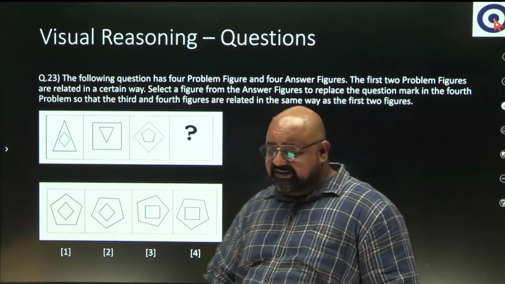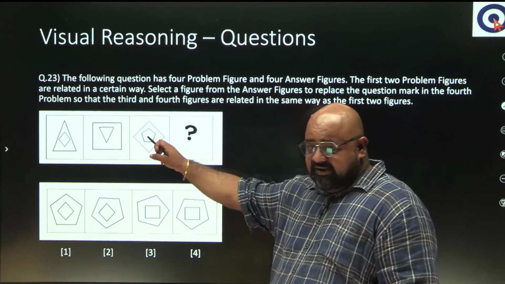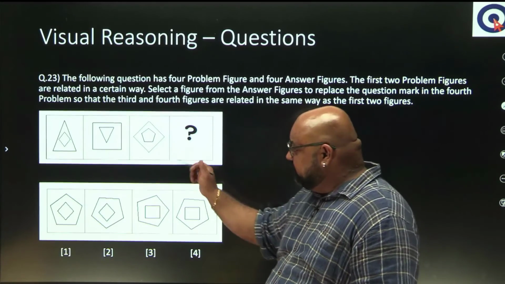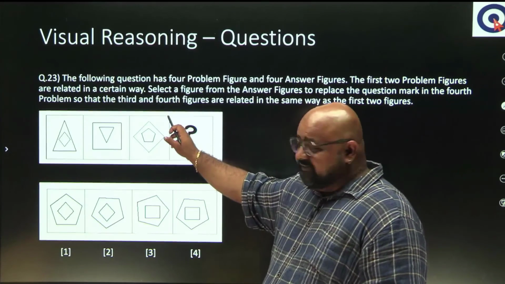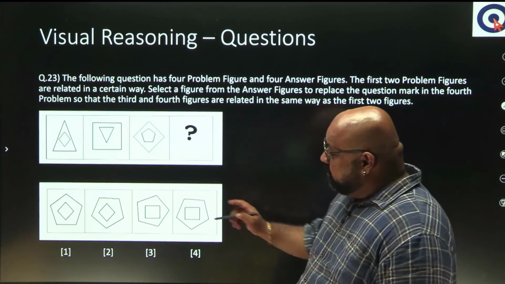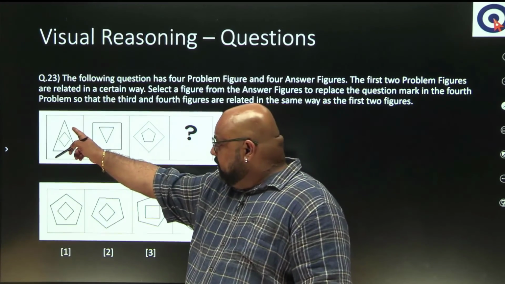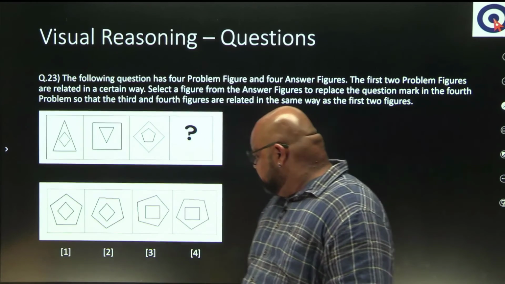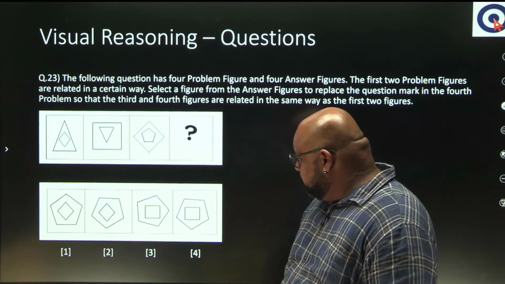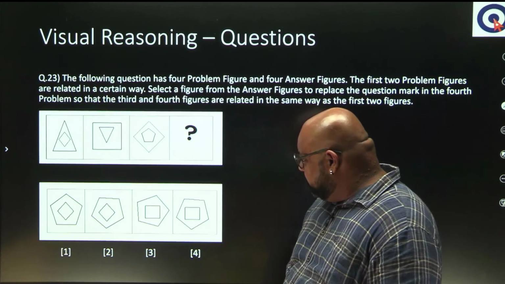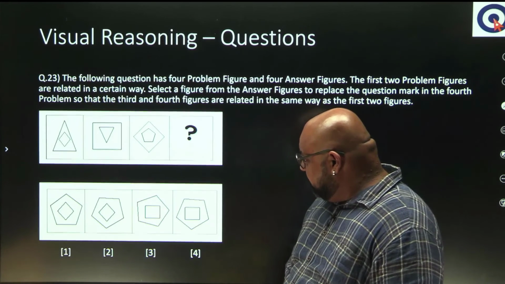So these are the changes that I have to do. So if I am looking for a similar figure with the same relationship as 1 and 2 for the fourth one, first of all the pentagon, the 5-sided figure, will go outside and the square will come inside. Also, the triangle had changed shapes. The square had just moved by 45 degrees, half a rotation.